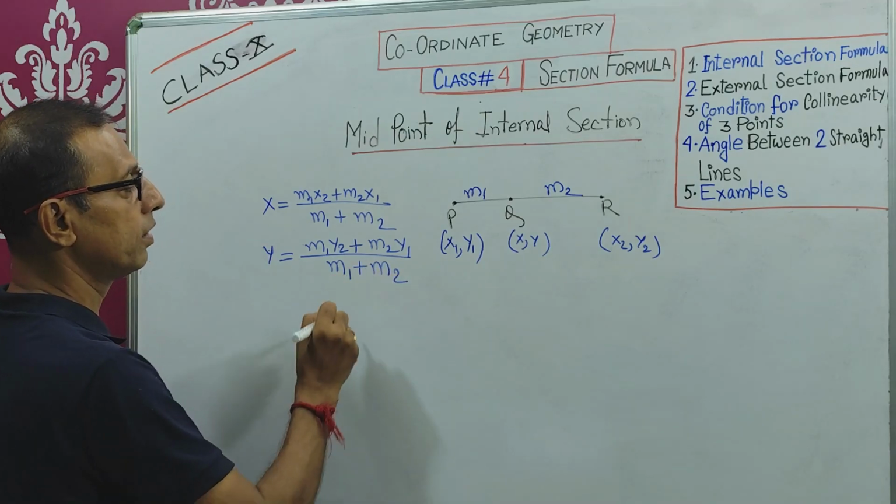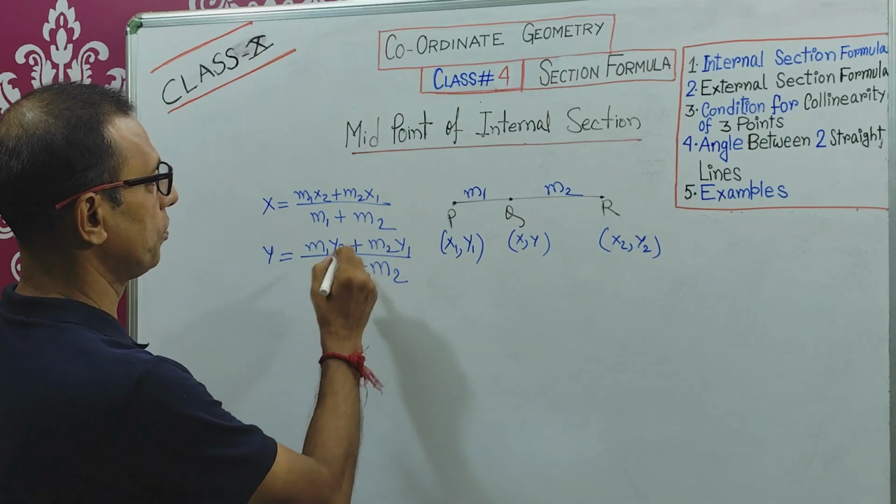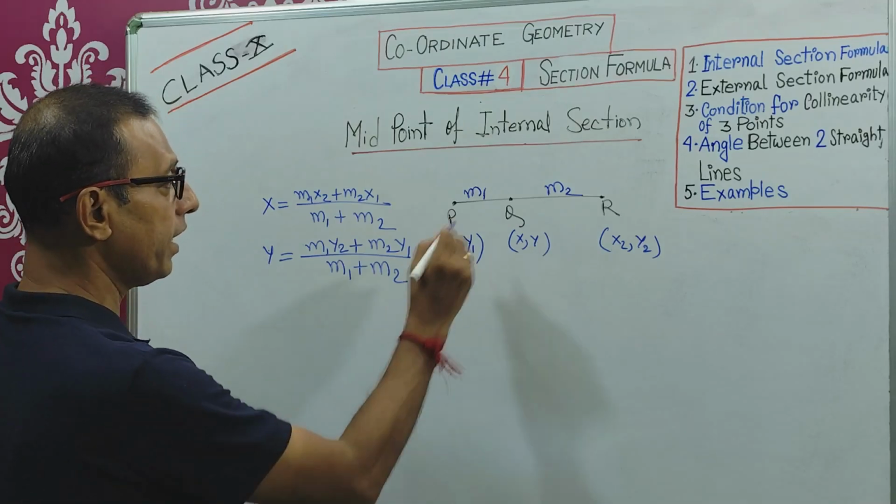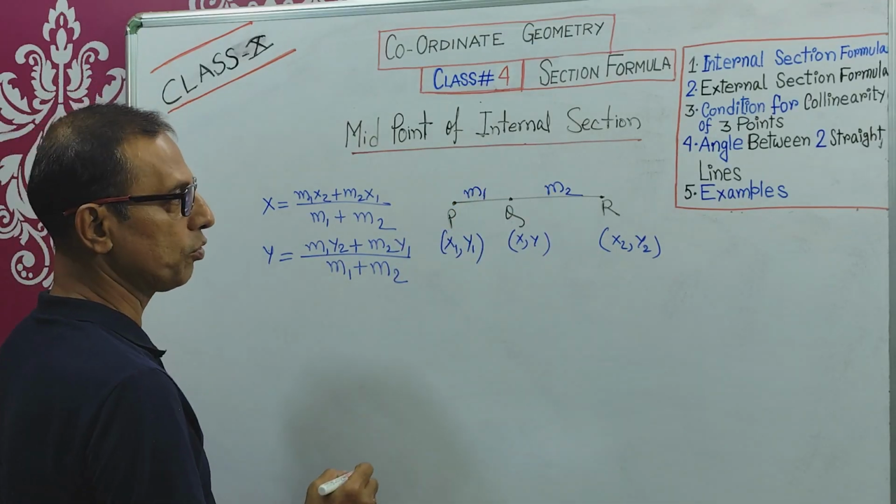I have already shown you how to derive the formula also, right? Here the ratio is m1 is to m2, right?